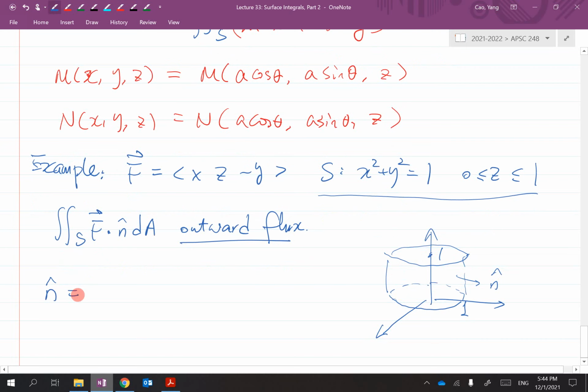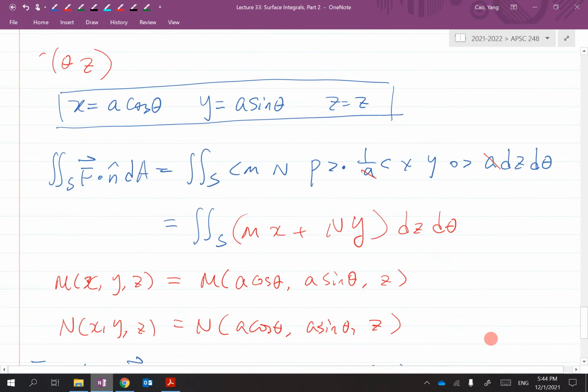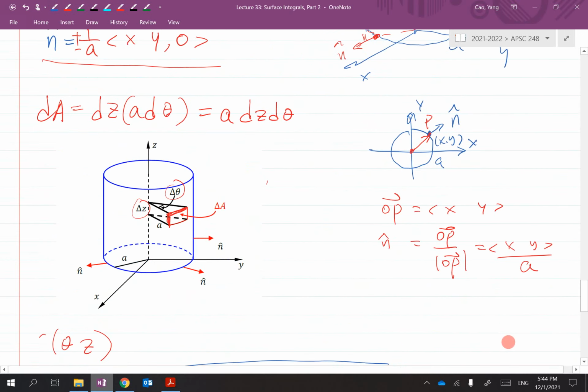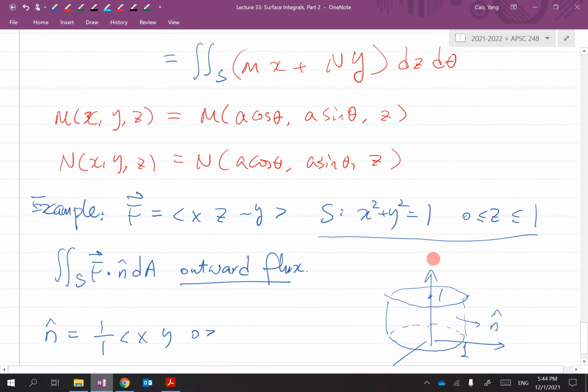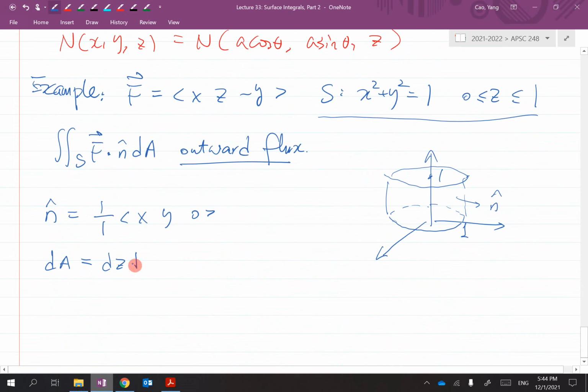First step, let's write down n hat. Your radius a is 1, so it's 1 over 1, and then x, y, 0. And dA, what is dA again? It's a times dz d theta. Again, a is 1, so it's just dz d theta.